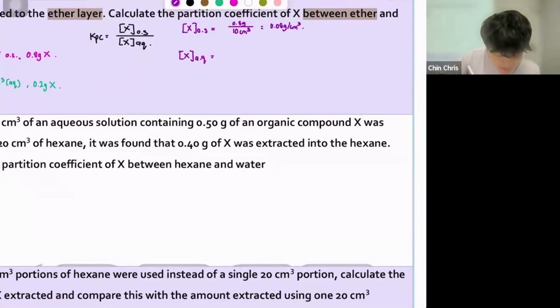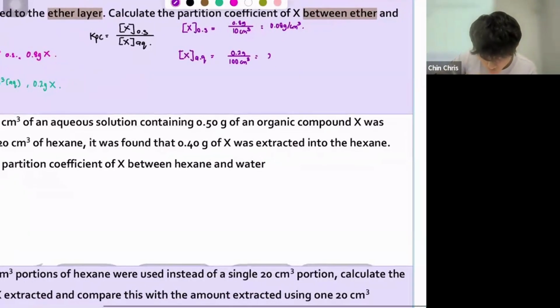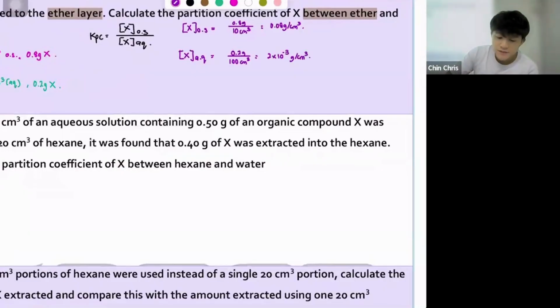X in aqueous, 0.2 gram divided by 100 cm cube, 2 times 10 to the power of -3 gram per cm cube. Correct. Alright, guys, finally sub it in. 40 is your answer. Done.